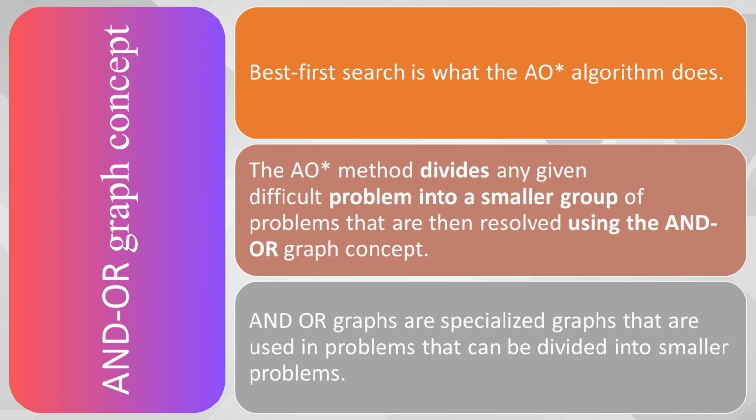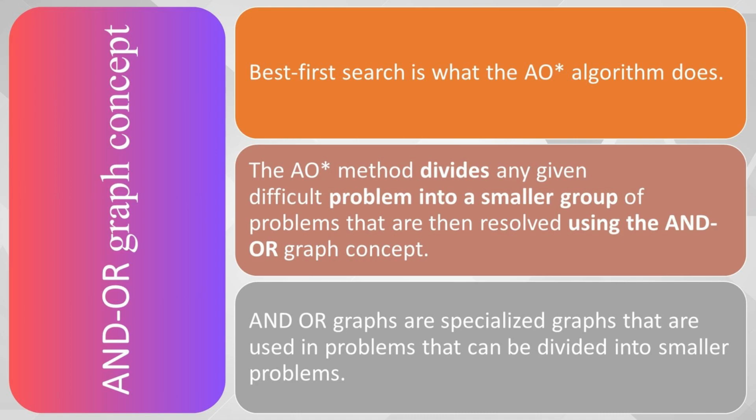Best first search is what the AO star algorithm does. So, we have now our today's topic, the AO star search. The AO star search method divides any given difficult problem into a smaller group of problems that are then resolved using the AND OR graph concept.